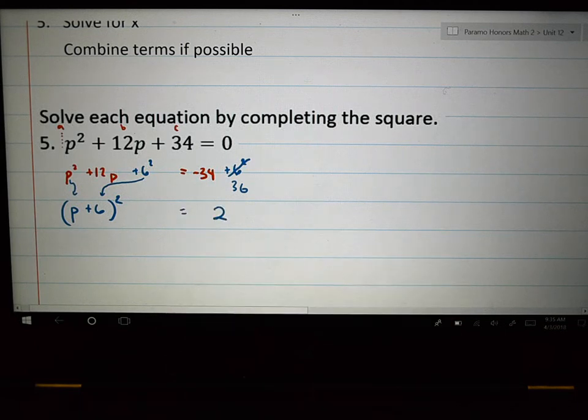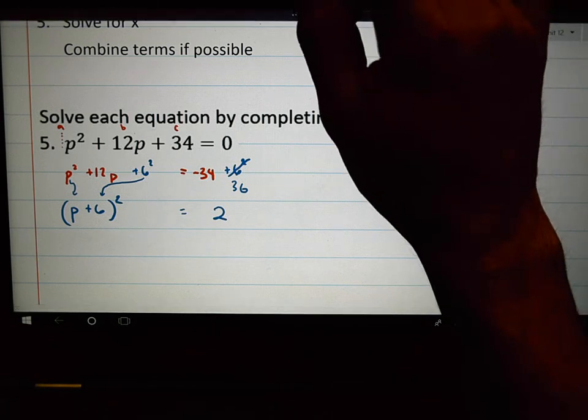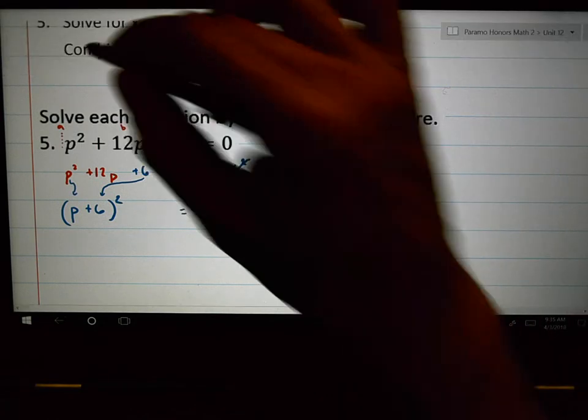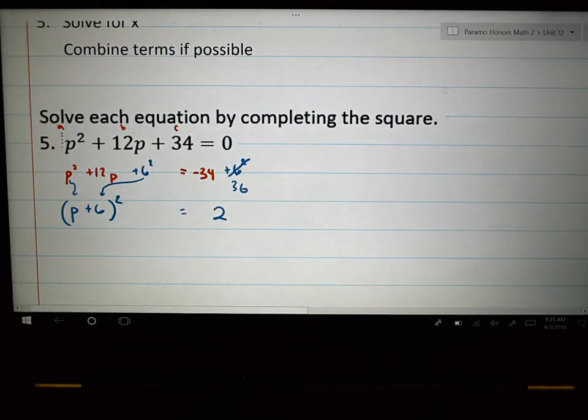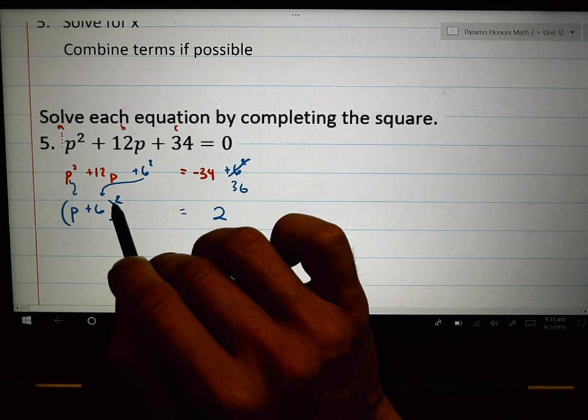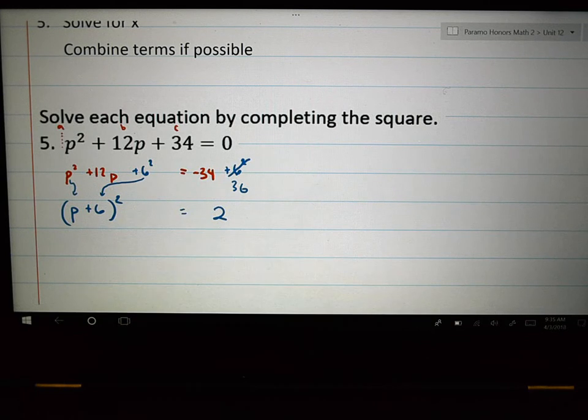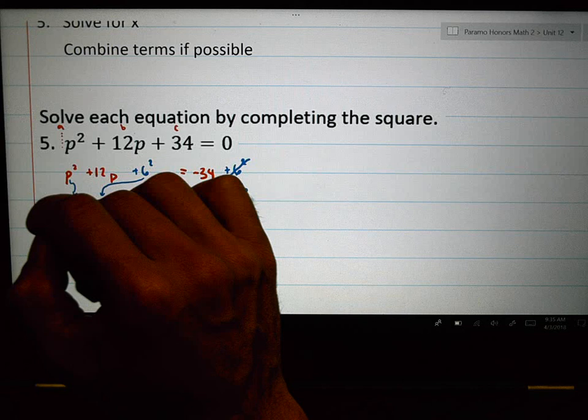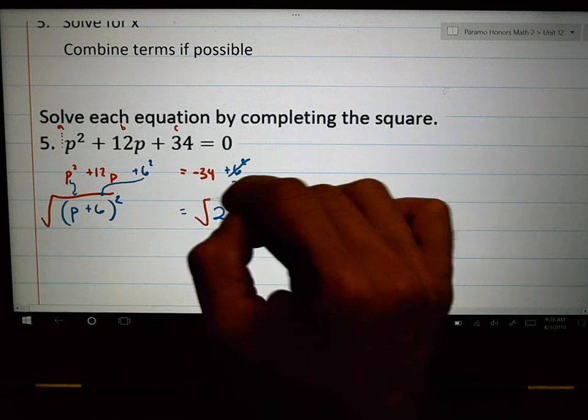Now this is where it gets kind of interesting. This is how come you have to know how to complete the square, because not everything comes out nice and neat. We're going to get rid of this squared term, which is what we've already learned how to do in section 1. The opposite of squaring is square rooting.